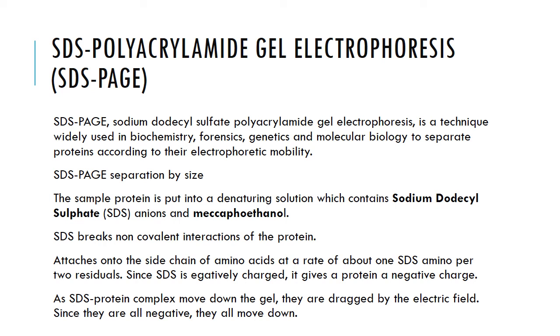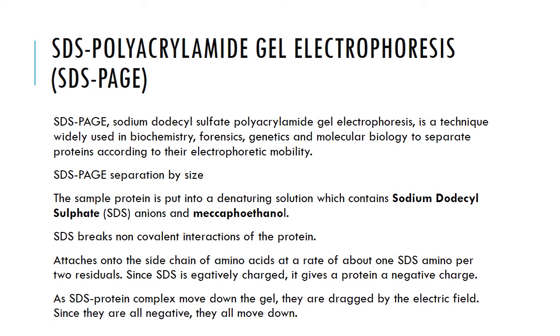The first thing it does is break the covalent interactions of the protein. Maybe a protein looks like this, with a covalent interaction here. It cuts, removing this part, and the protein remains like that. Once that happens, the SDS then attaches to this protein.